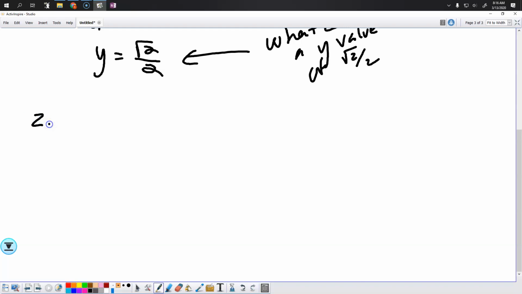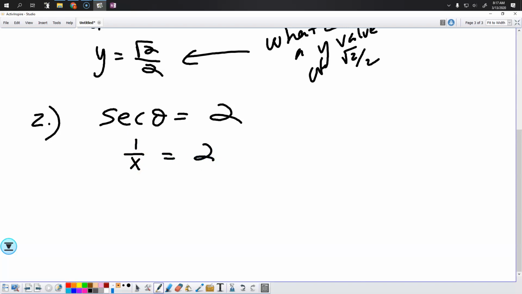Do another one here. Number 2. Secant of theta equals 2. All right. So what is secant? On the last problem, cosecant was 1 over y, so secant will be 1 over x, right?